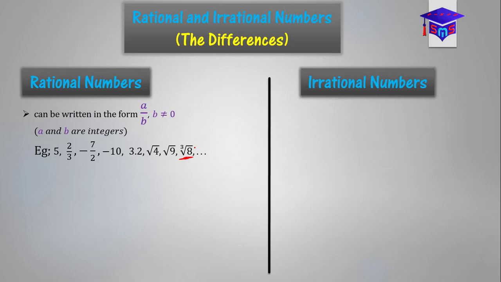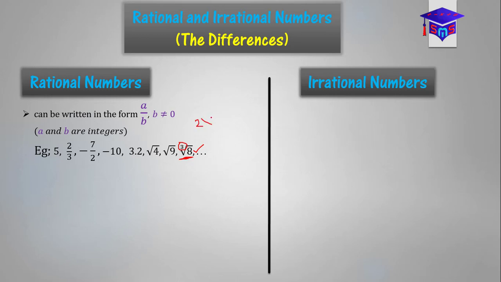What it means is, what number can be multiplied by itself 3 times to get 8? The number is 2.